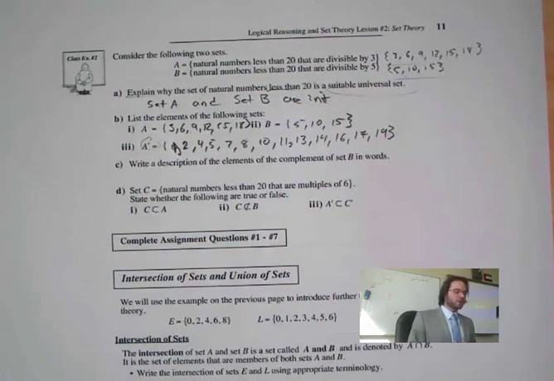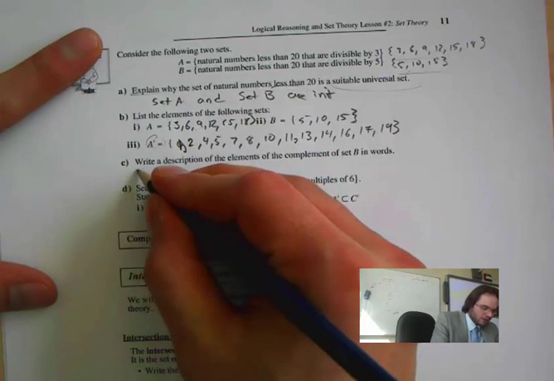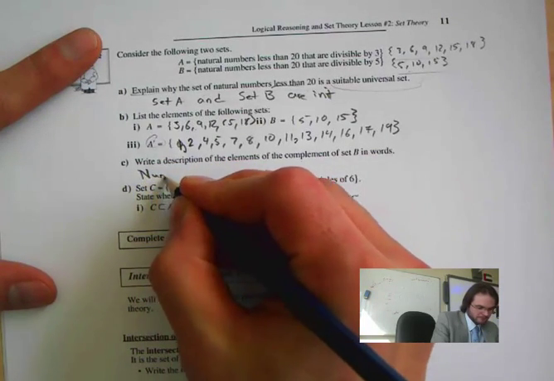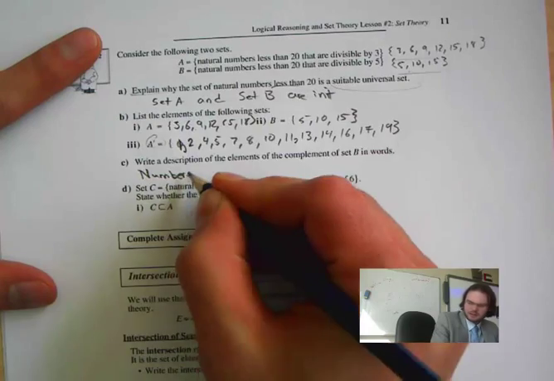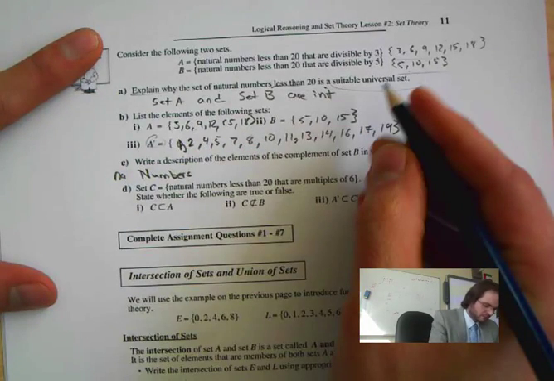Okay? Write the description of the elements of the complement of set B in words. So we want the description. Okay? So that is, remember when we use the word not? We're going to use it again. We're going to use the word not. So, natural numbers, because we're looking at natural numbers.